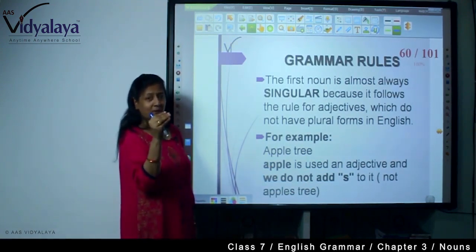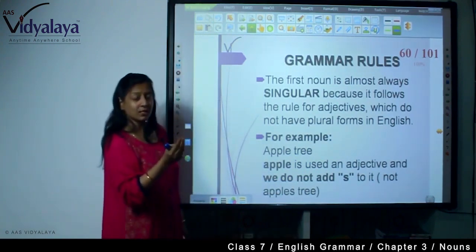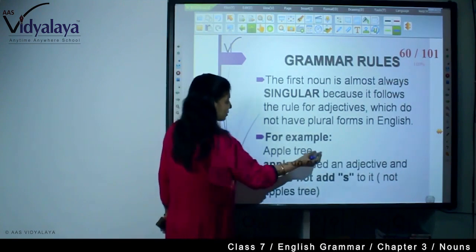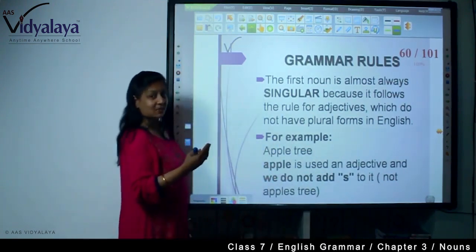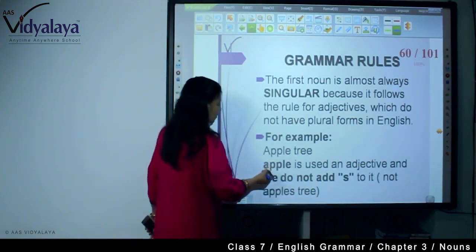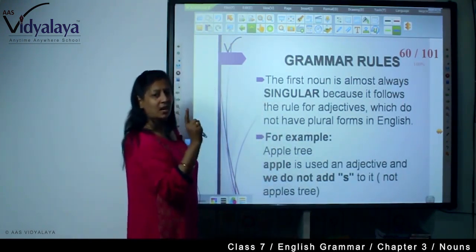It has a degree of comparison. So we cannot write apples tree. We write apple tree. Here apple is used as an adjective, and adjectives are never plural. So here we have to follow the rule of adjective in the first noun.